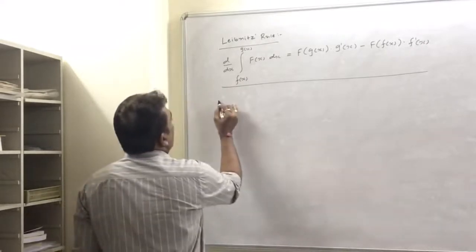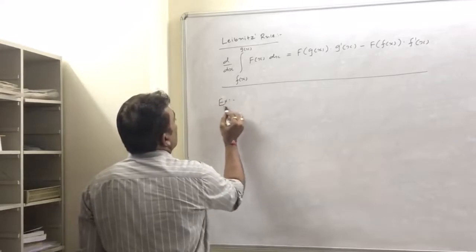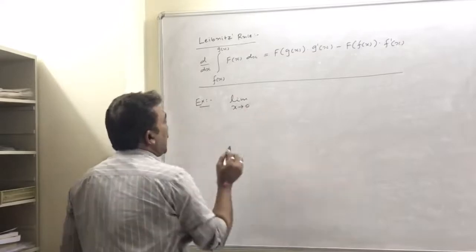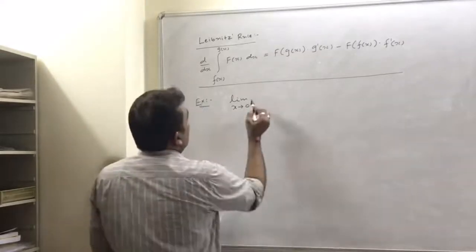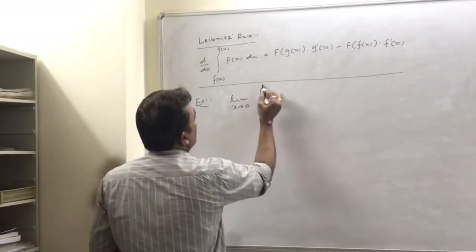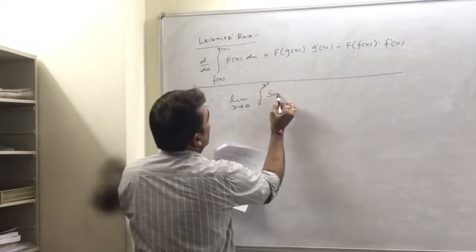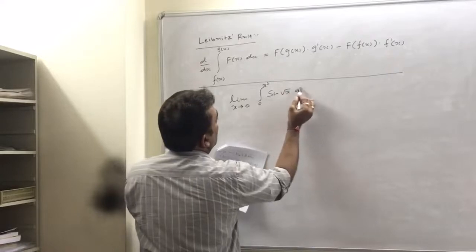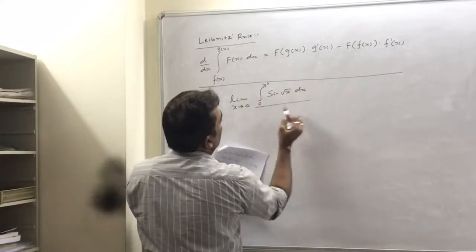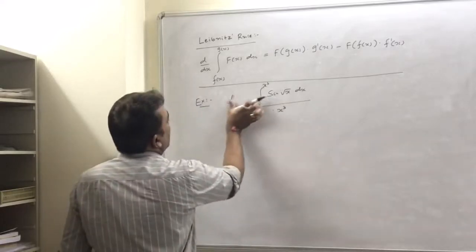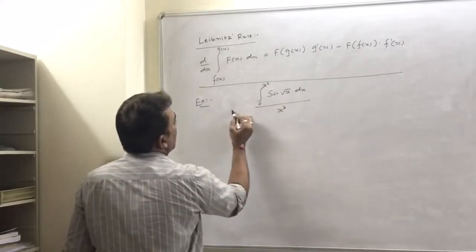If we want to find out limit x tends to 0, integral 0 to x square sine root x dx upon x cube.